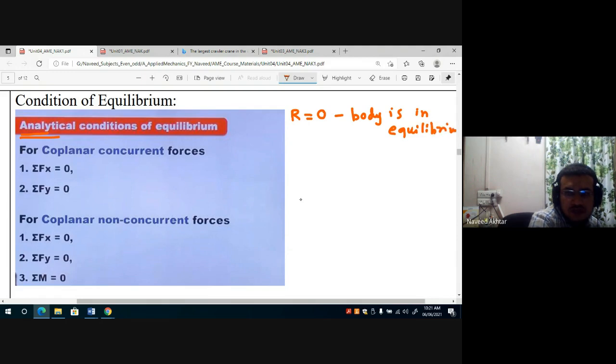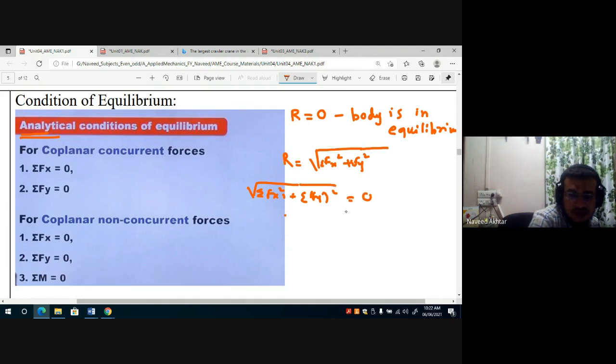R is nothing but the square root of the summation of Fx squared plus the summation of Fy squared. So if the resultant is 0, it means the summation of Fx squared plus the summation of Fy squared is 0.